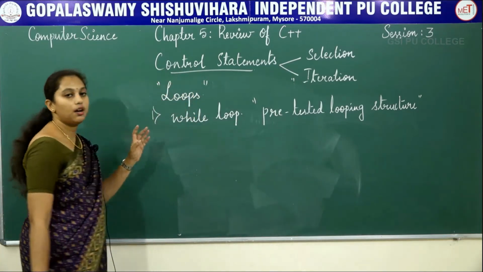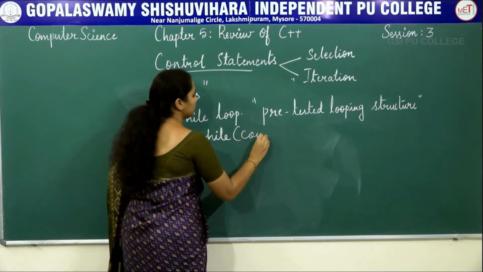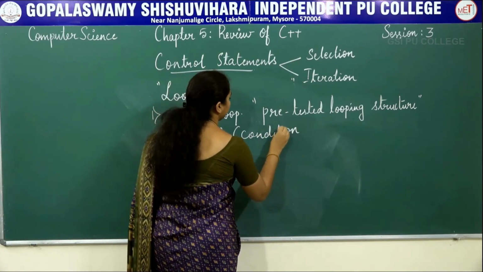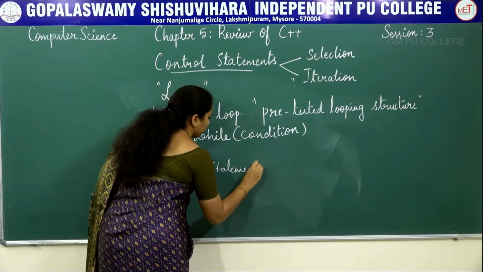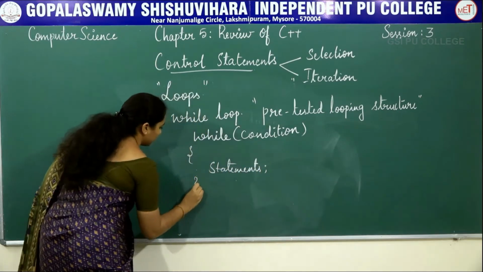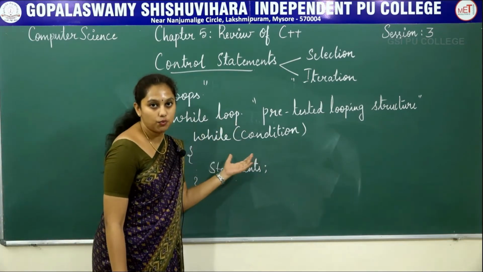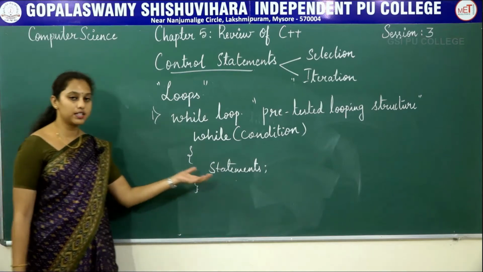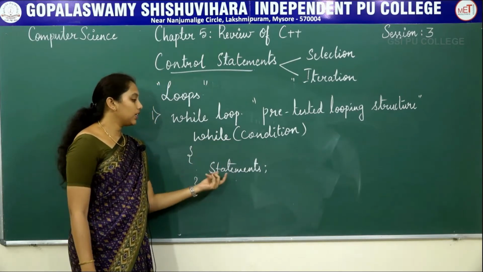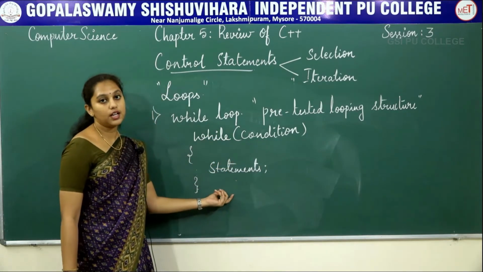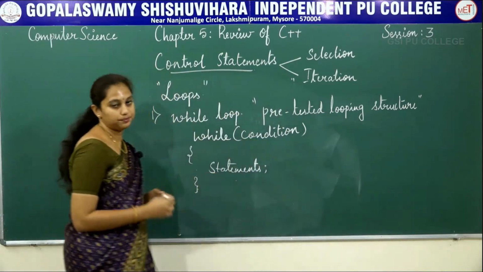The syntax for while loop is while condition. In while loop, until the condition gets satisfied, the set of statements is going to be executed again and again. Here in while loop, it will test the condition before executing the statements. Hence it is called as pre-tested looping structure.